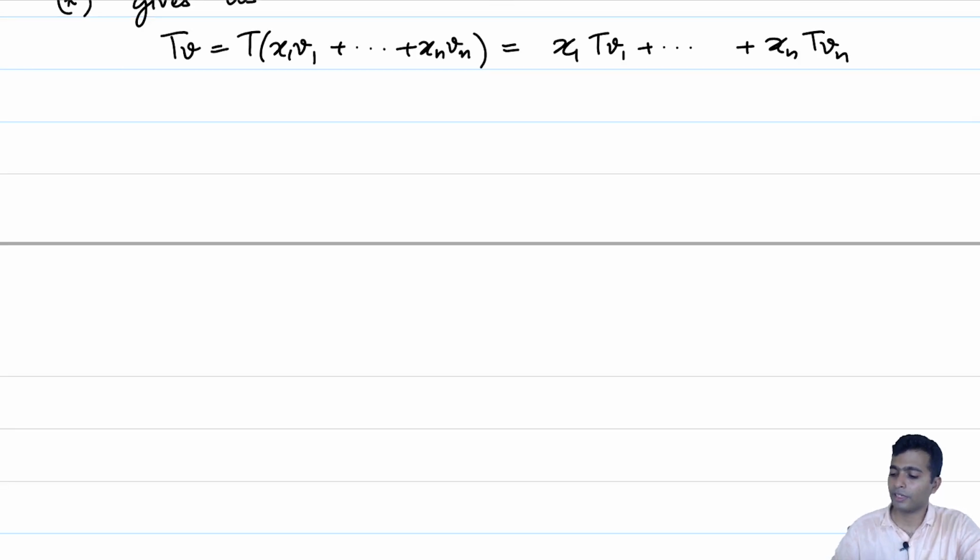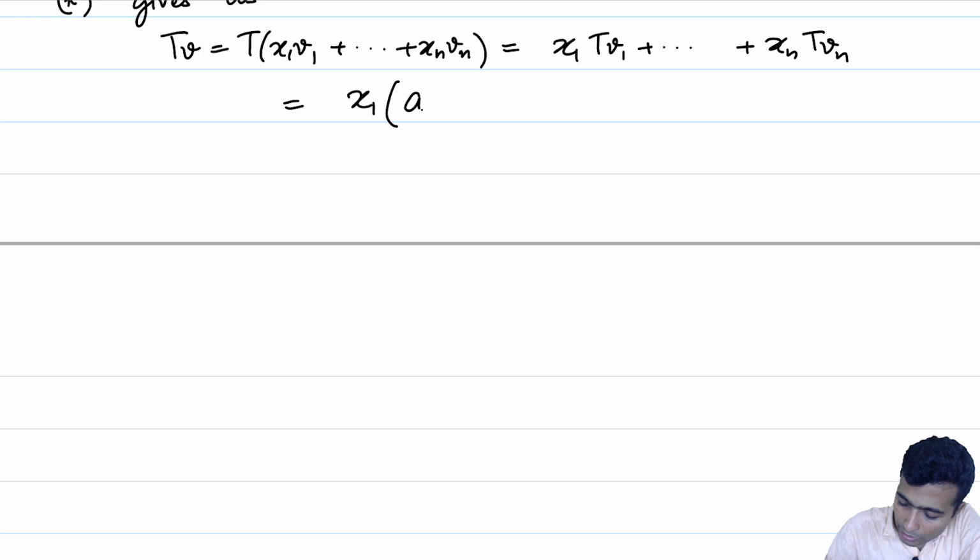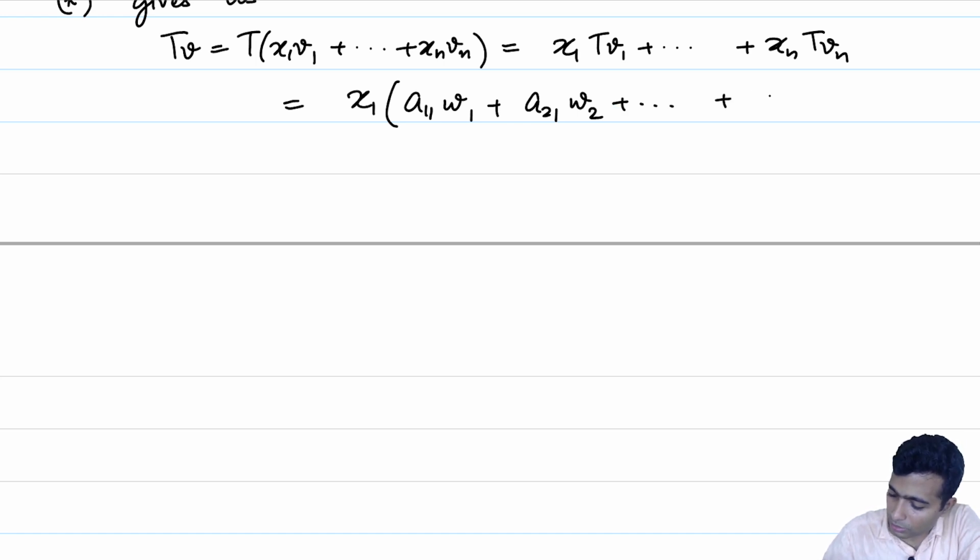But then each of these Tvi's are vectors in capital W. So let's write each of them as a linear combination of the vectors w1 to wm. This will turn out to be x1 times, writing Tv1 in terms of w1 to wm, a11 w1 plus a21 w2 plus up to am1 wm.